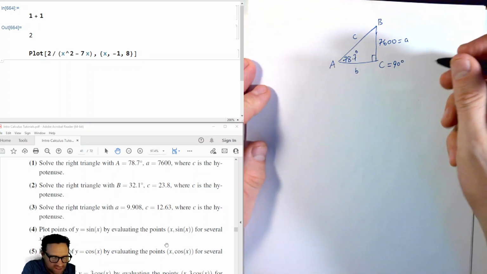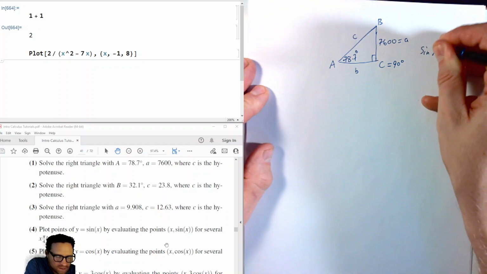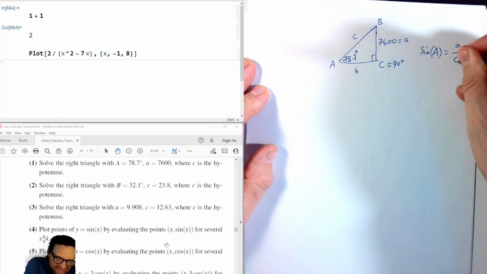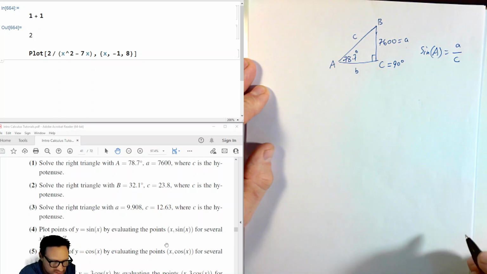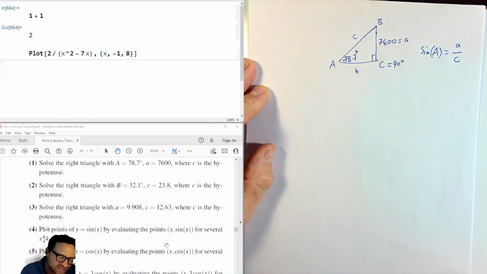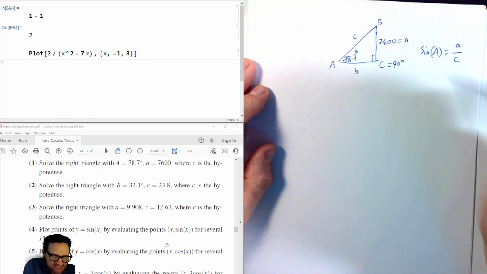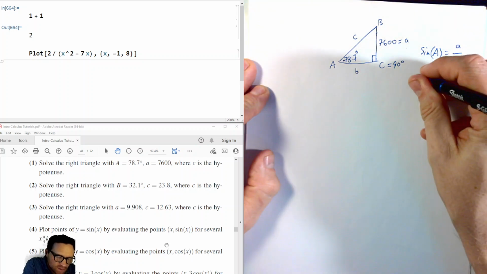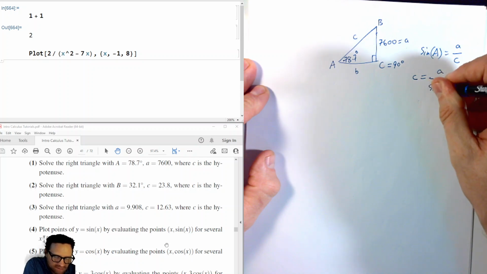So to do this, we use sine of uppercase A is equal to lowercase a on c, opposite on hypotenuse. And so we want to find lowercase c. So rearranging this equation, we multiply both sides by lowercase c and divide both sides by sine of A. So we have c equals a over sine of A.